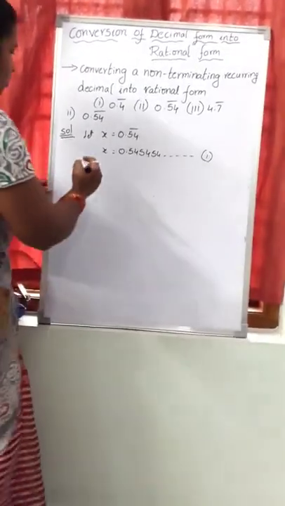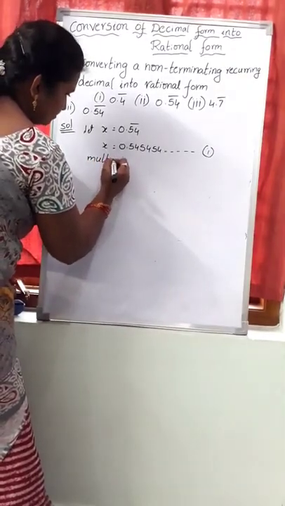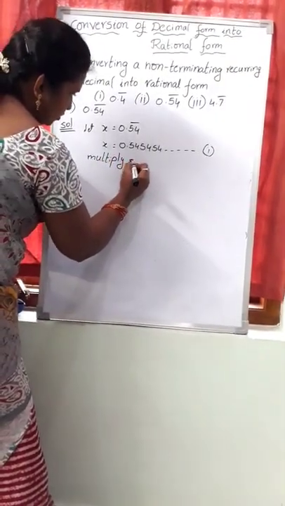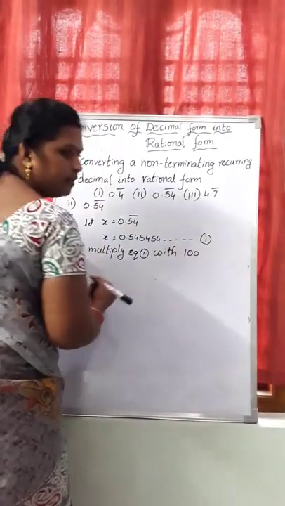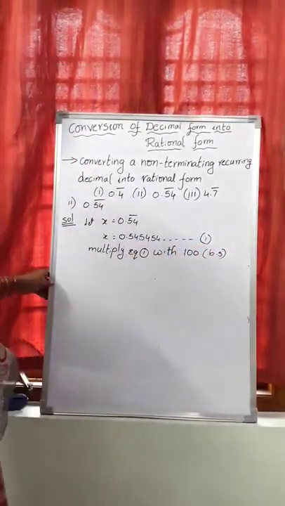So multiply equation 1 with 100. That means both sides of equation 1 we have to multiply with 100.